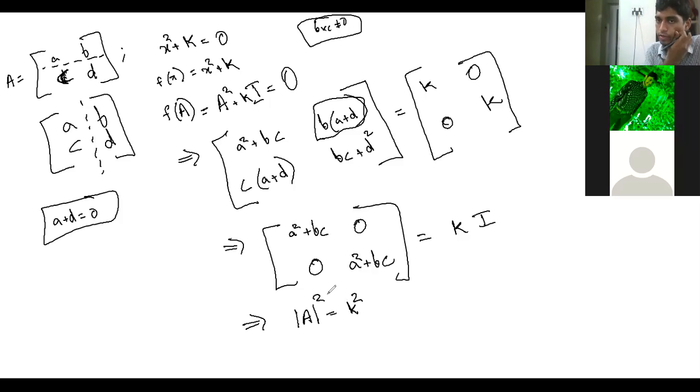And a square plus bc should be k. So what is the answer? ABC?